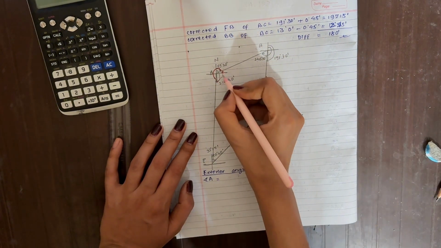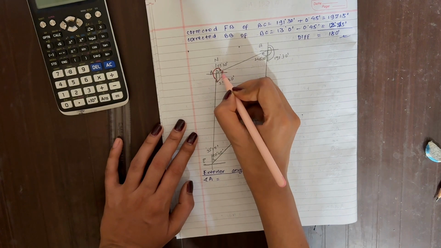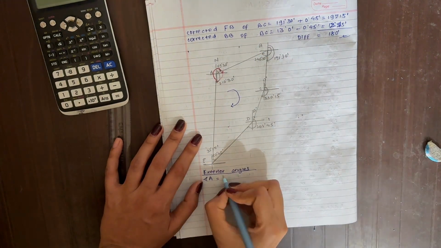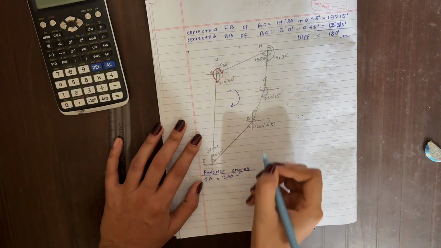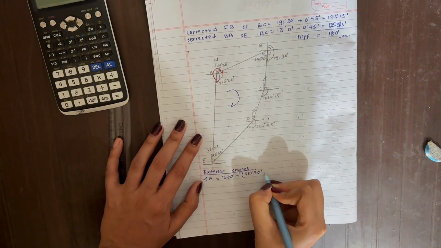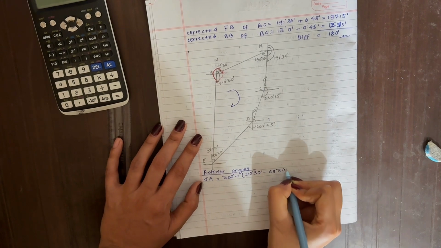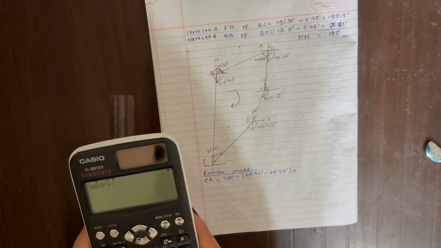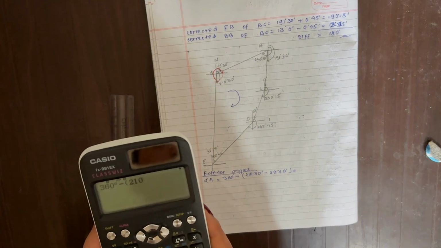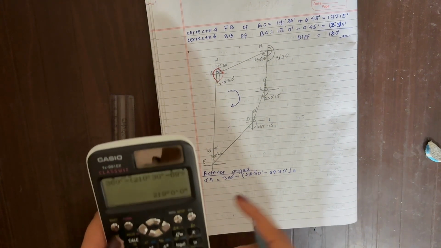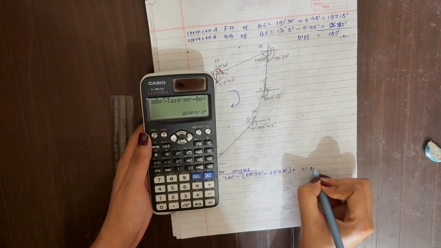And if we subtract this from 360 degree, then we will get the exterior angle A. So 360 degree minus 210 degree 30 minute minus 69 degree 30 minute, that will be 290 degree.